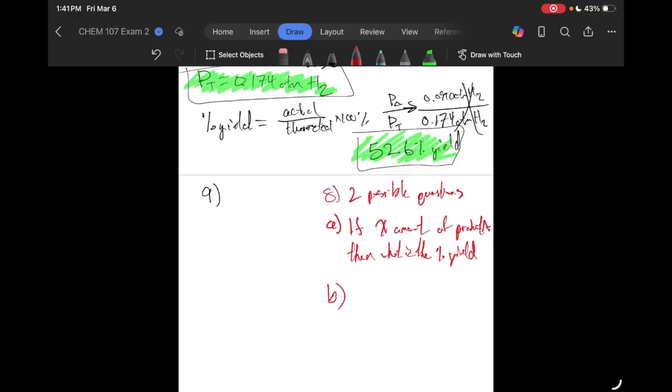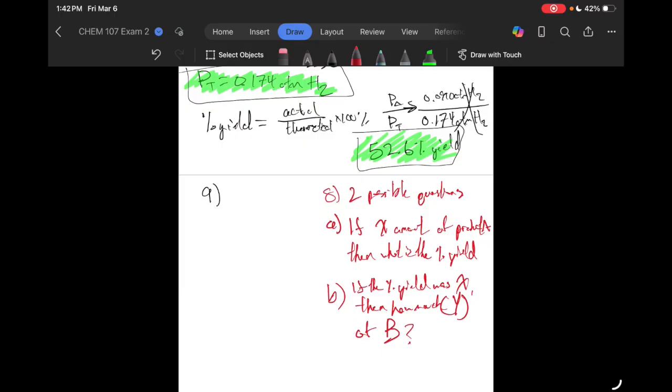Or: if the percent yield was X, then how much, or value Y, of substance B was made.